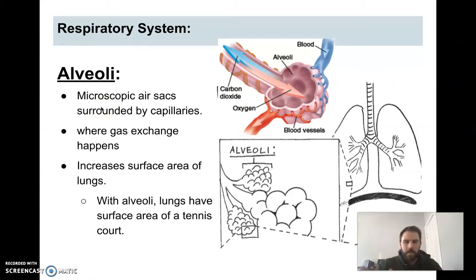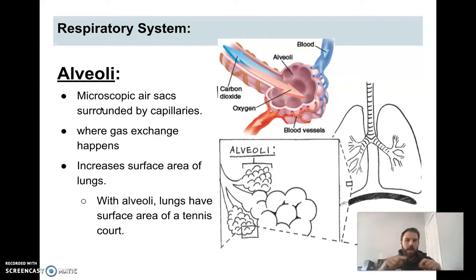And why does this happen? Why isn't our lungs just all air? Here's the reason: diffusion can only happen over a very small area. So we want to increase the surface area at which things could diffuse in.